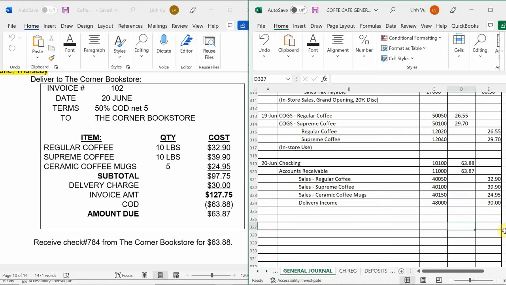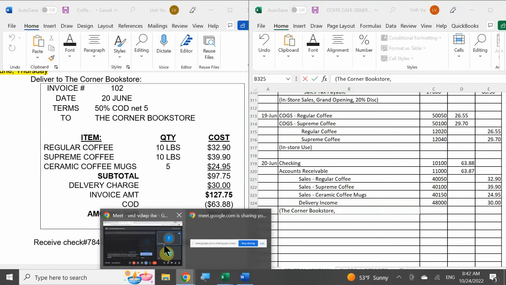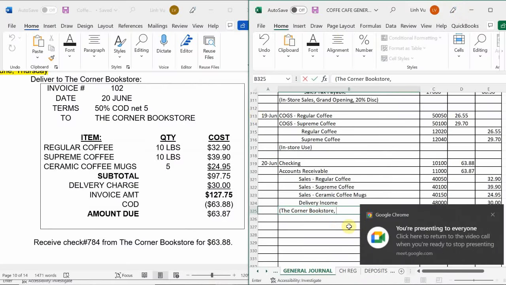So we have pretty much all the information that we need to write my description. Who did we sell to? The corner bookstore. Good. What was my proof of a transaction? Invoice number.